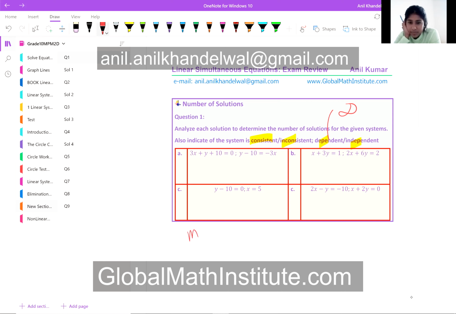You're looking for two slopes, M1 and M2, and then you're also looking at the two y-intercepts, C1 and C2. If the y-intercepts are exactly the same and slopes are also exactly the same, in that case, we have a dependent system with infinite solutions. But if the slopes are different, then we have a consistent and independent system, right? So that's what it is, a quick review.